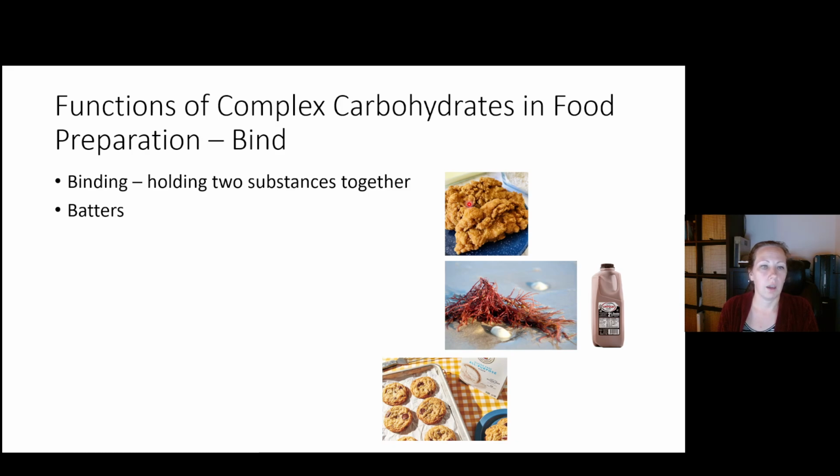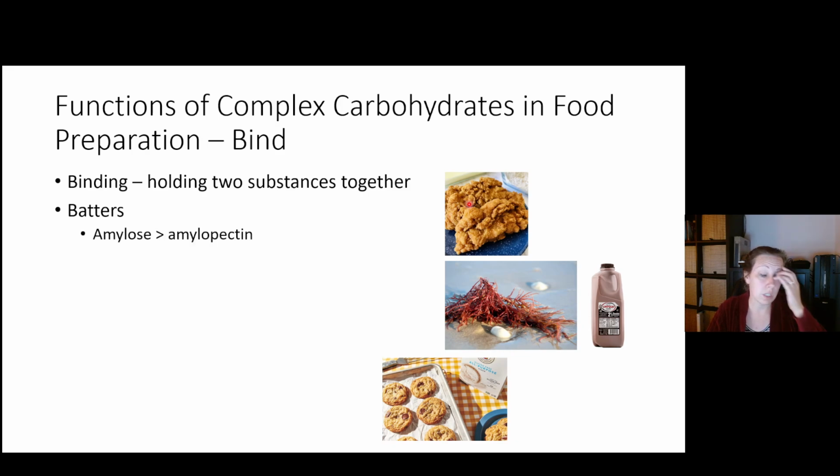Okay. So the starch molecules are actually physically able to bind to other chemical compounds, such as the proteins in chicken.